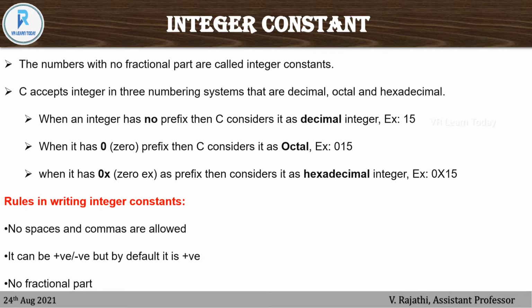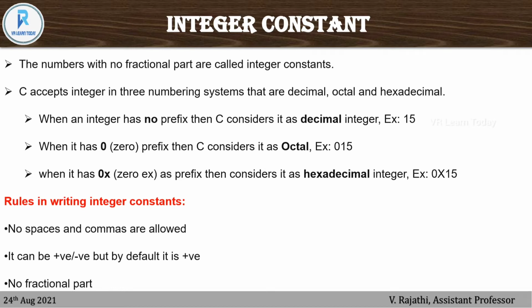So first, integer constants. Numbers with no fraction part are called integer constants. C accepts integers in three numbering systems, that are decimal, octal and hexadecimal. When an integer has no prefix, C considers it as decimal, for example 15.